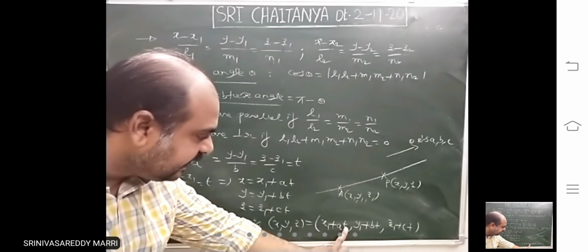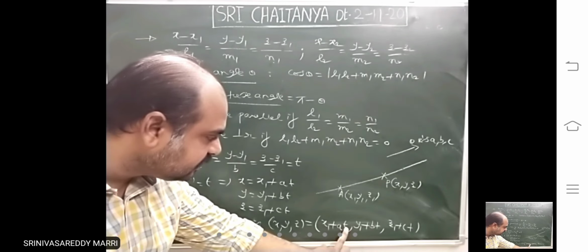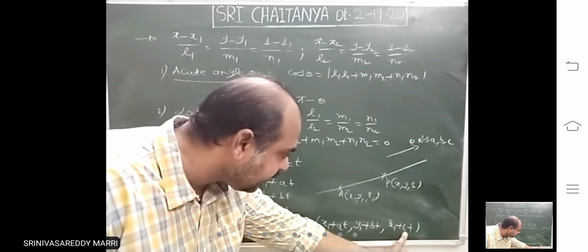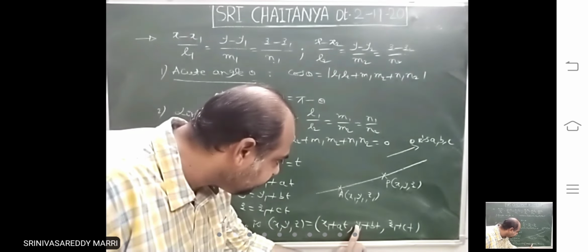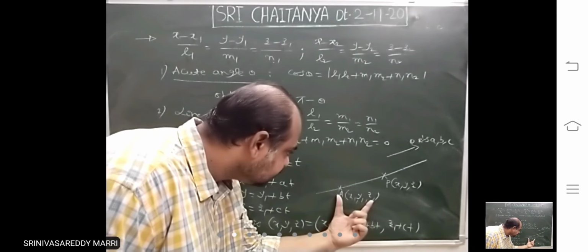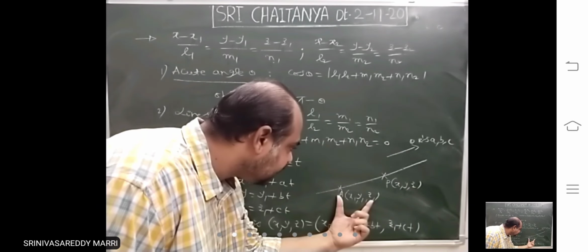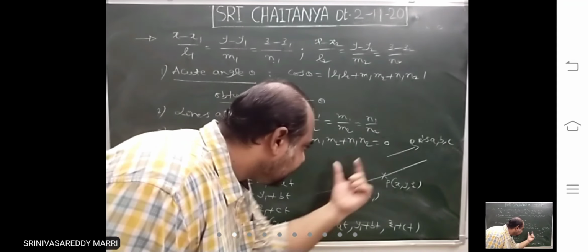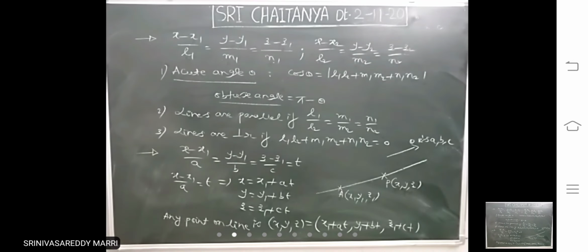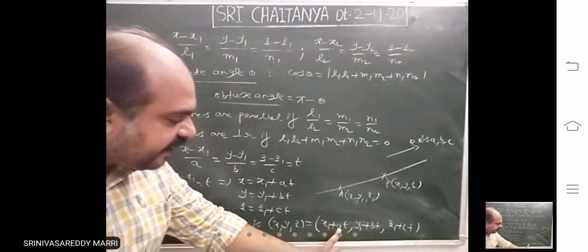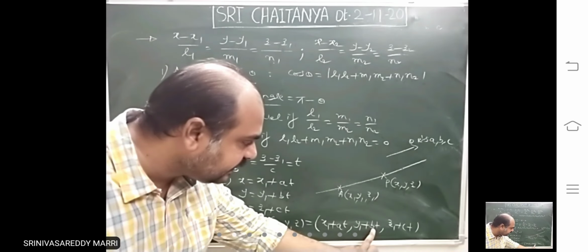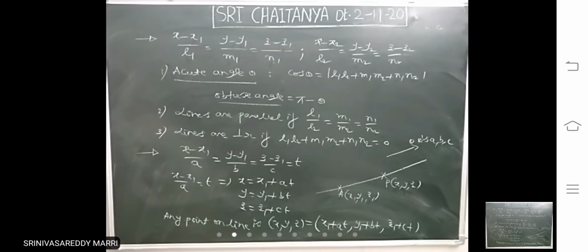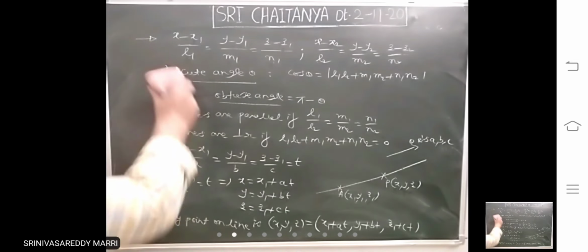Suppose t equal to 0, if you substitute, then you will get x1, y1, z1. That means this point also lies on the line. Similarly, for some other point, there will be some other value of t. Depending on the given condition, if you calculate the value of t, then you will get that particular point.